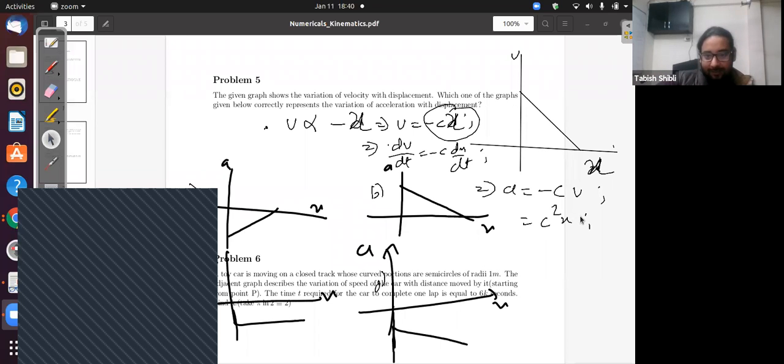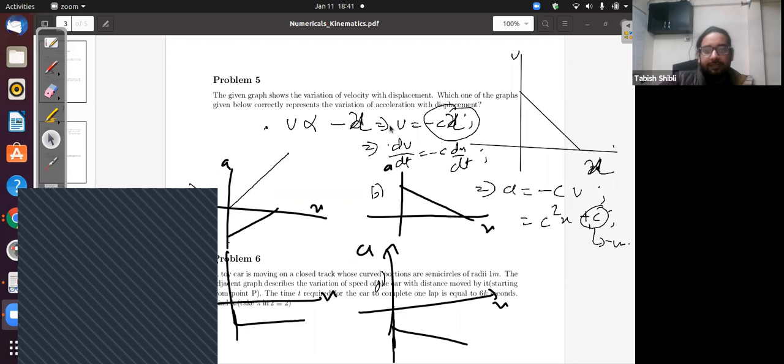But whatever constant you get, you'll get a constant here as well. This constant will be negative. So essentially, there is some initial acceleration that this is starting with. You can actually plot it like this also. So it will be a linear function here. Lovely. Is this clear? Yes sir.